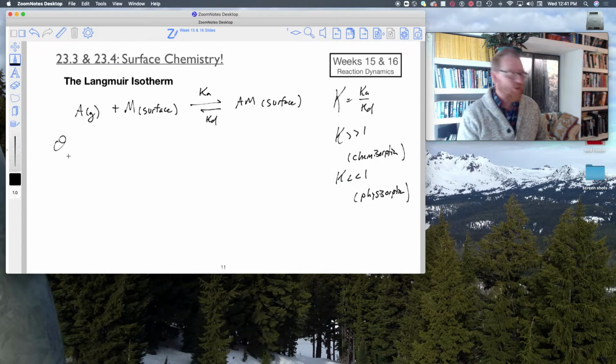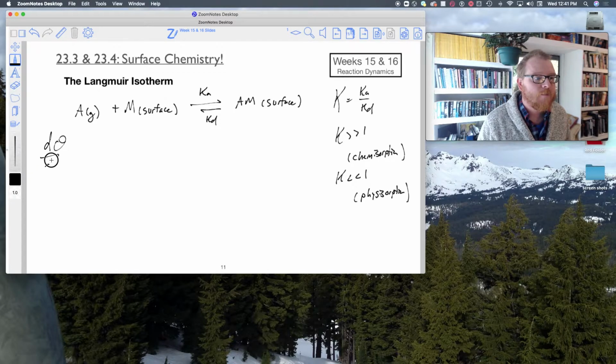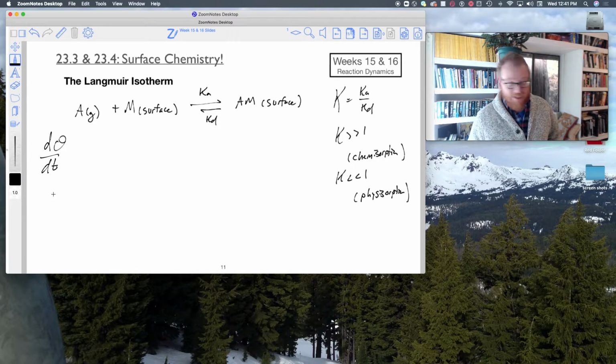So moving along, we can talk about the production of monolayers, d theta dt, by the following, okay? In terms of desorption, I think it's a little bit easier to work that out.